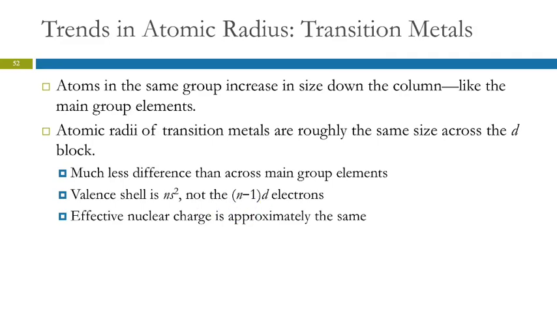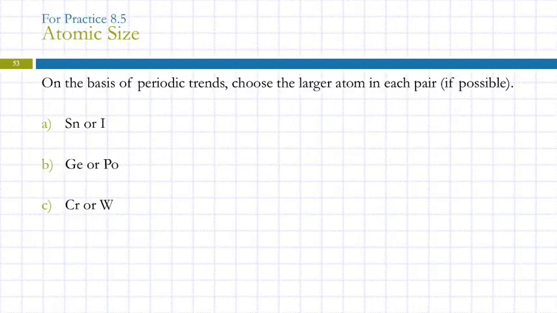So as you go across in that transition metal series, we're adding more core electrons. And so as we're adding a proton, we're also adding a core electron. And so the effective nuclear charge is roughly the same as you go across. So just from trends, really can't predict that.